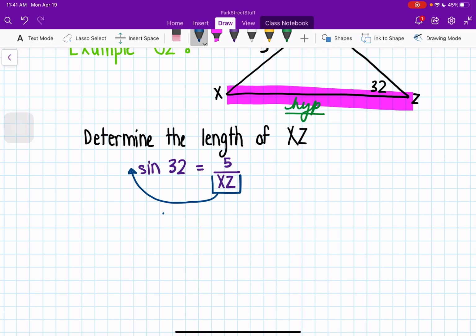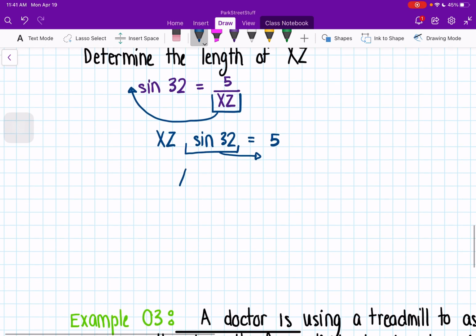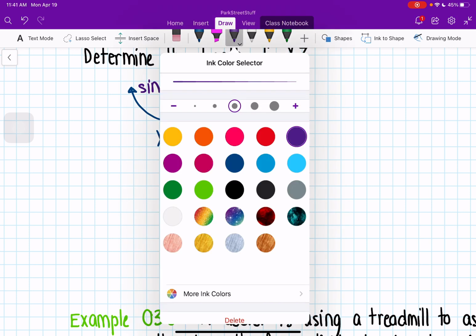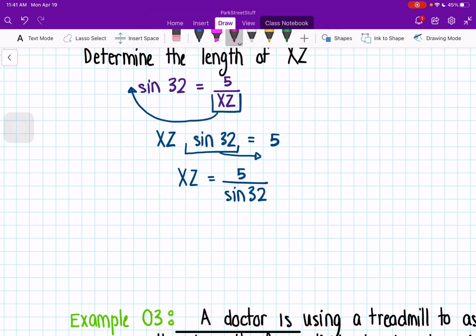To get rid of division, we have to multiply. So xz sine 32 is equal to 5. And now it's this sine 32 that's being multiplied, so we need to divide it. So we're going to go xz is equal to 5 all over sine of 32. And it's from this point now where you're just going to use your calculator.